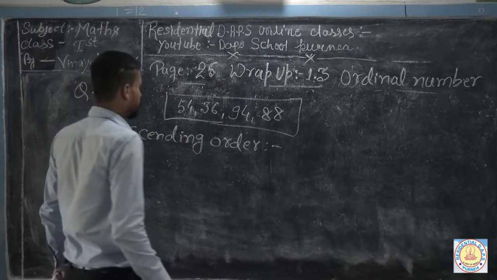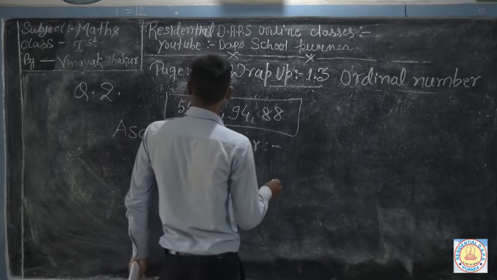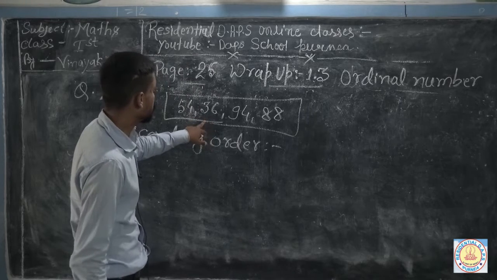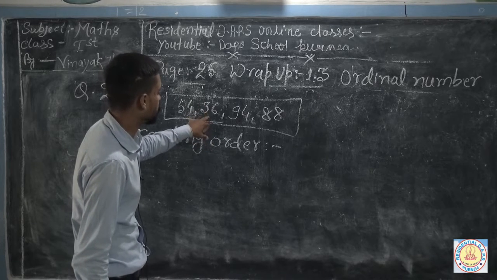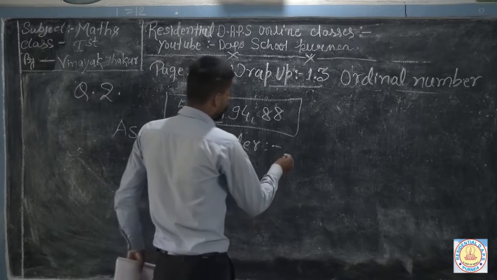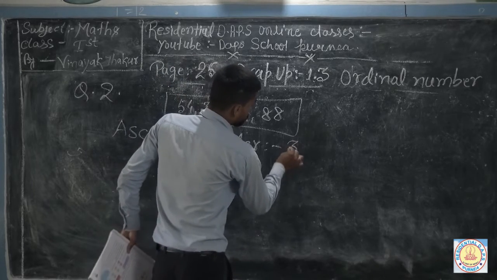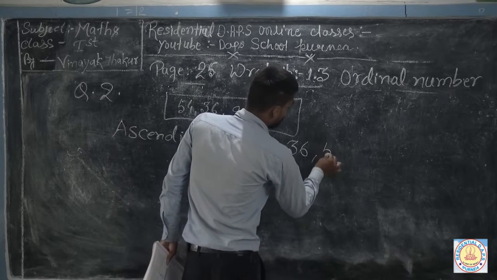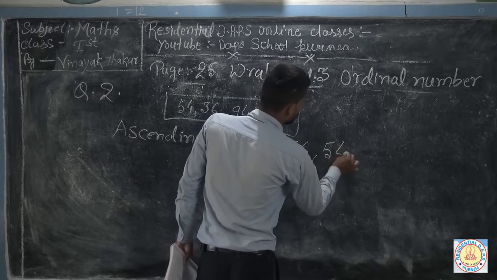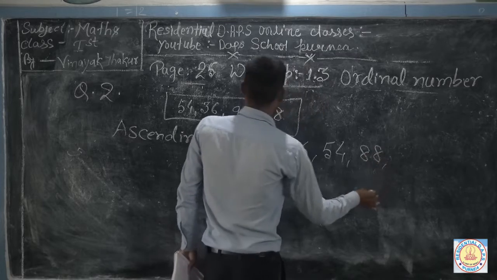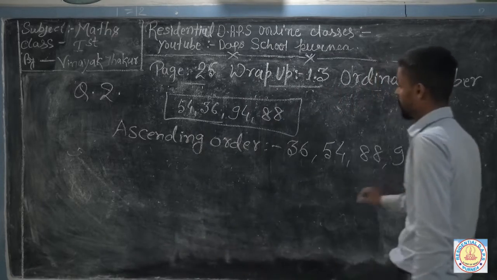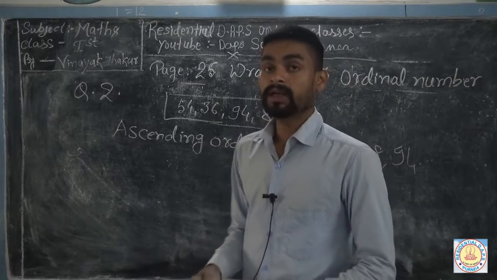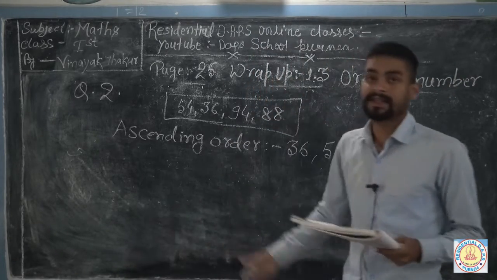Ascending order means smallest to largest, so you have to find which is the smallest number. 36 is smallest, then 54, then 88, and then 94. This is your ascending order, and like that you have to solve your descending order, which is the opposite of ascending.